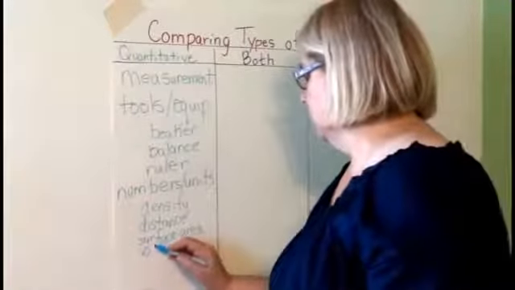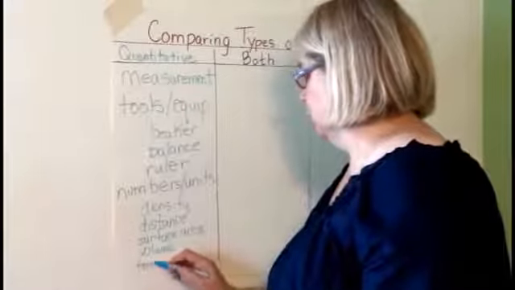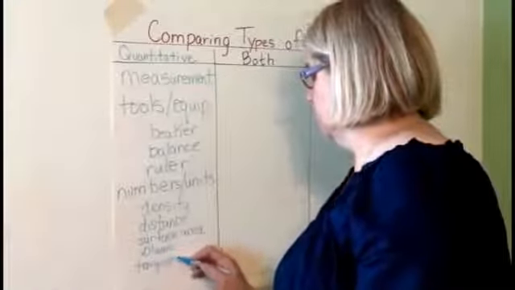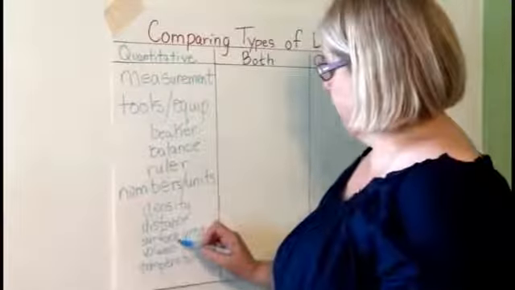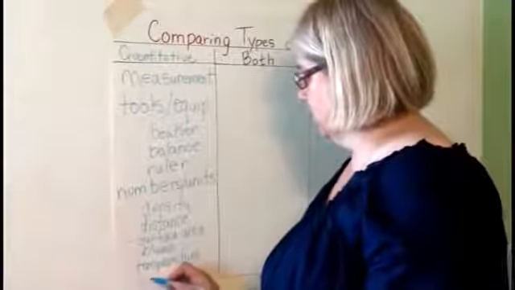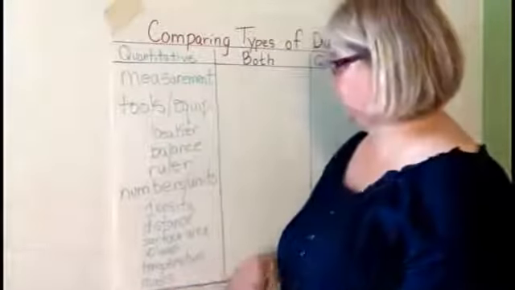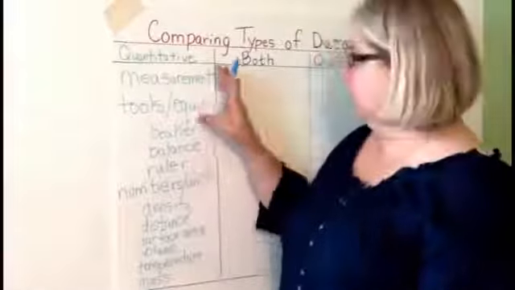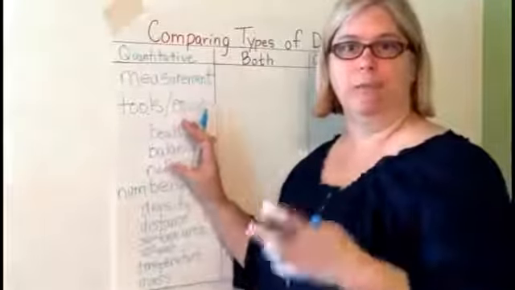Volume, temperature, distance, surface area, and mass, which is like weight. We'll learn the difference between those things. So that is quantitative. Think numbers, think mathematical, think measurement.